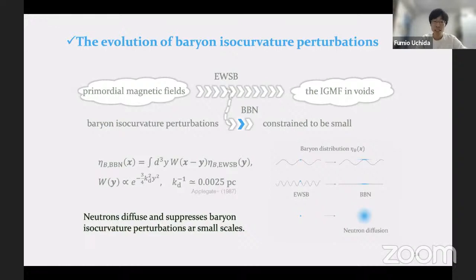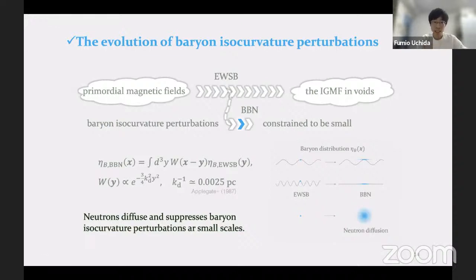Roughly speaking, baryon noise curvature perturbations within the diffusion scale, numerically 0.0025 parsec in comoving length, are smeared out and not constrained by the BBN.